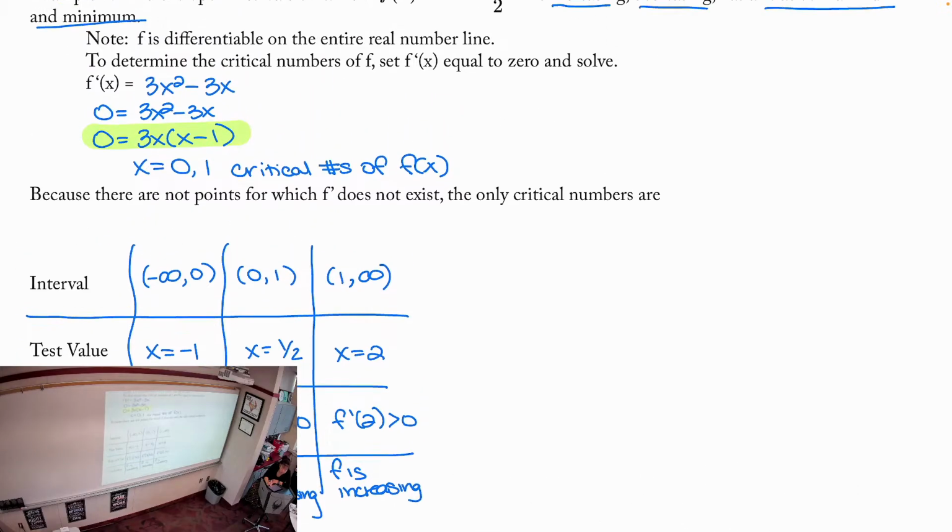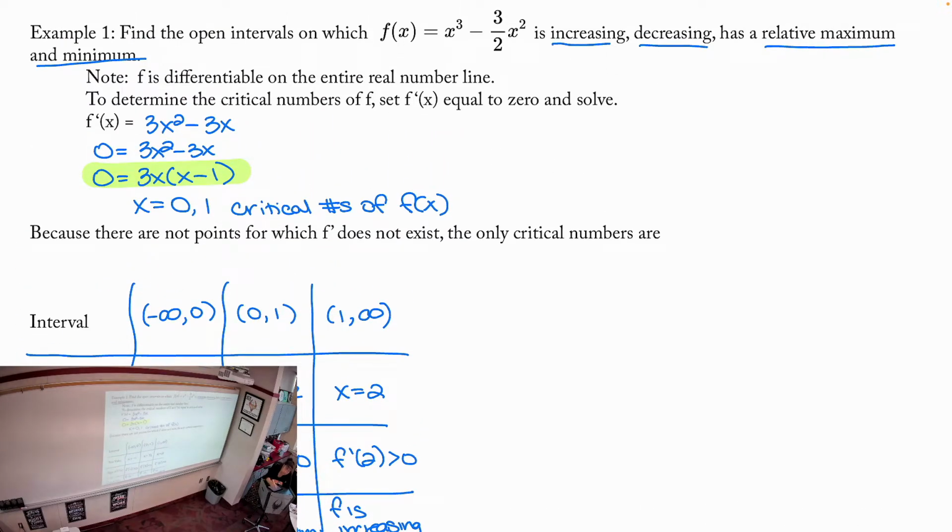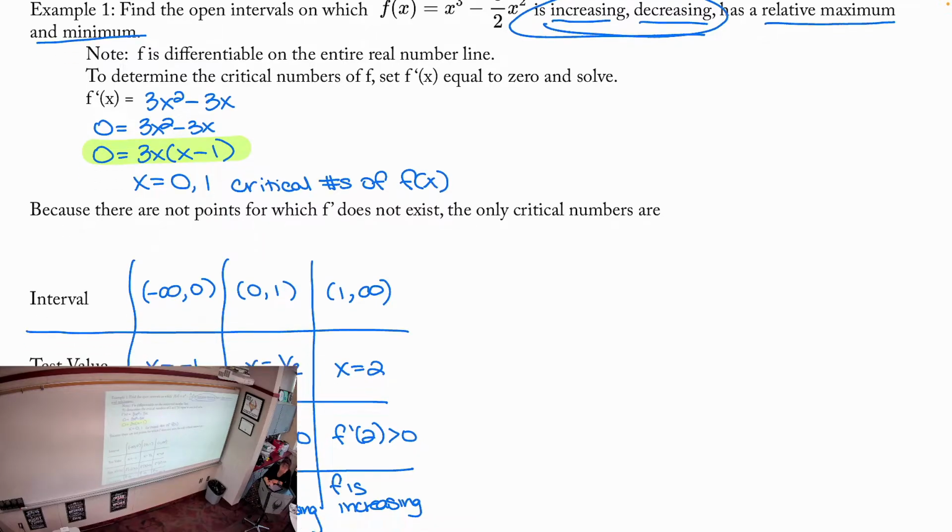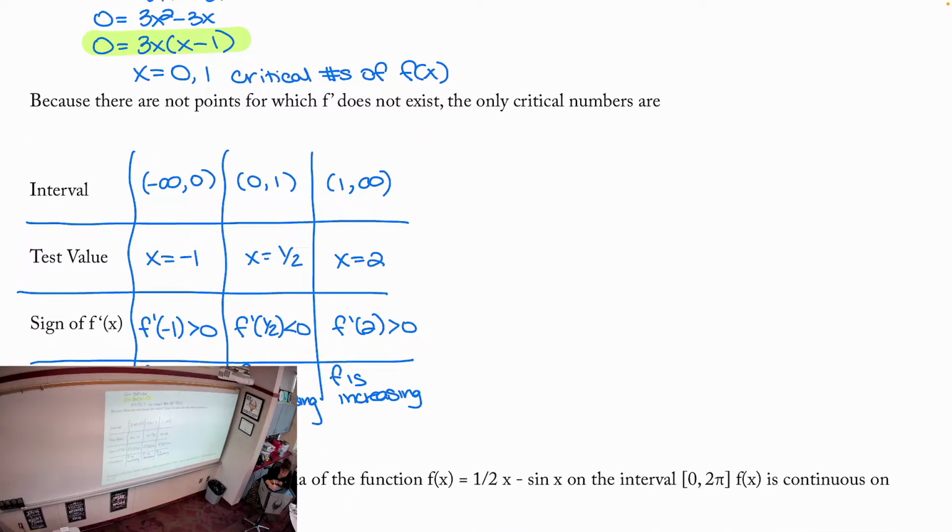So I found critical numbers. My first thing was to identify increasing and decreasing. So f is increasing on the interval from negative infinity to 0, union 1 to infinity, because f prime is bigger than 0.